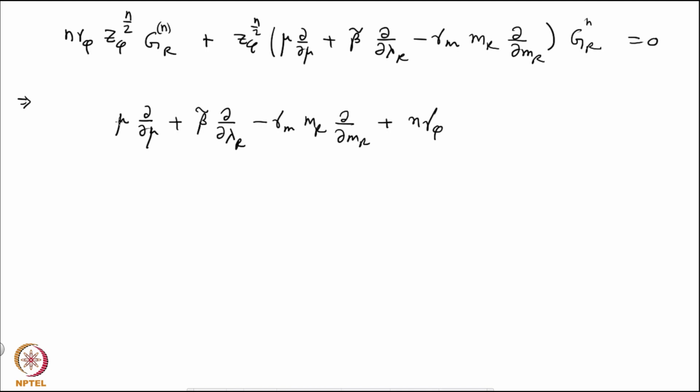Okay, I've just clubbed everything together here. And you have Z phi to the n half as an overall factor. Okay, so that's the renormalization group equation for the Green's function.